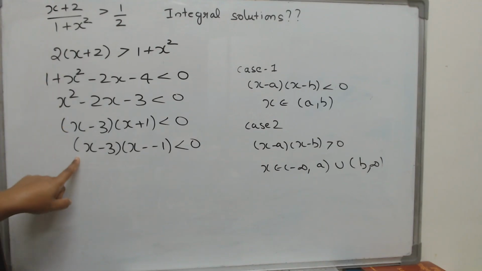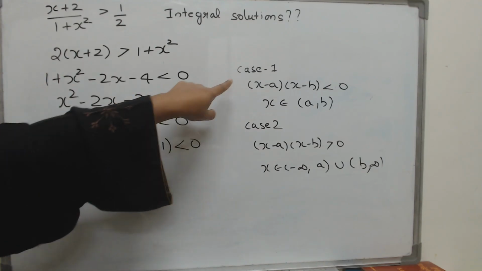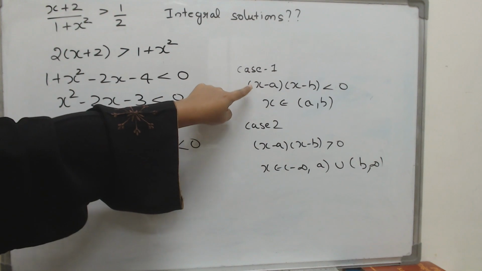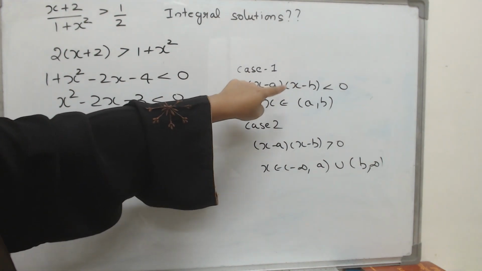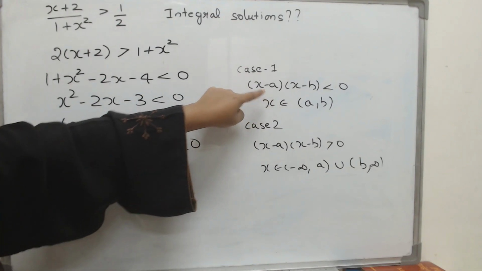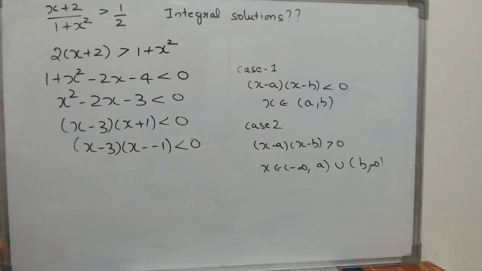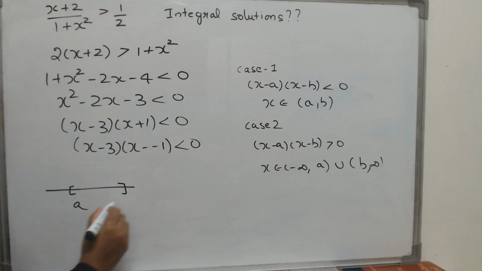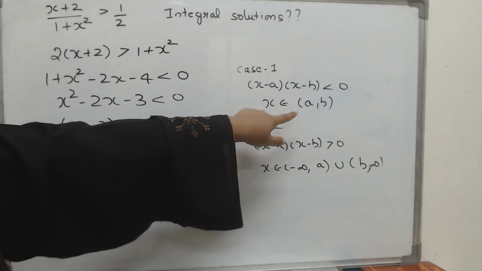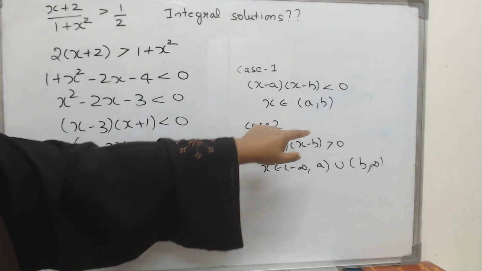We have got it to this form so that we can apply the standard result, the product of two linear factors. If you want them to be less than 0, then where can you find your x? What is your solution set? Your solution set is the interval a, b, where a is the lesser number and b is the greater number.